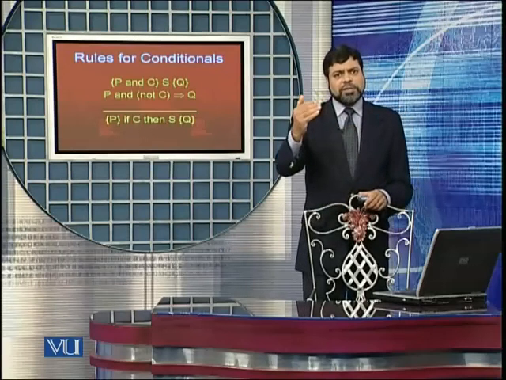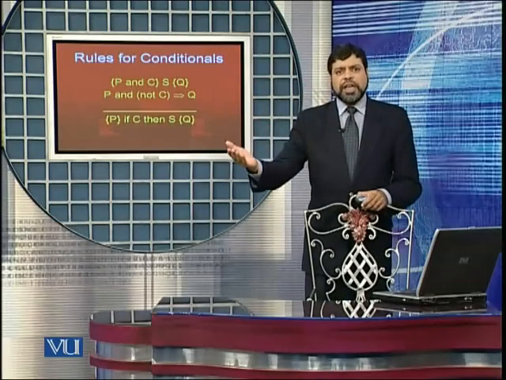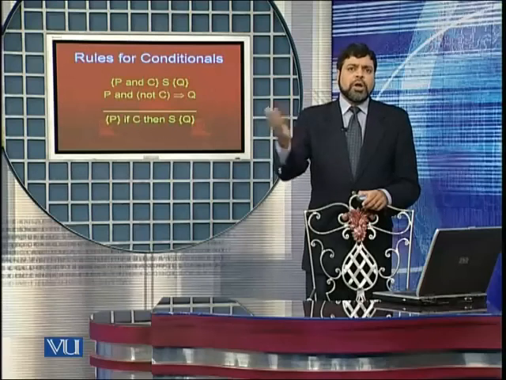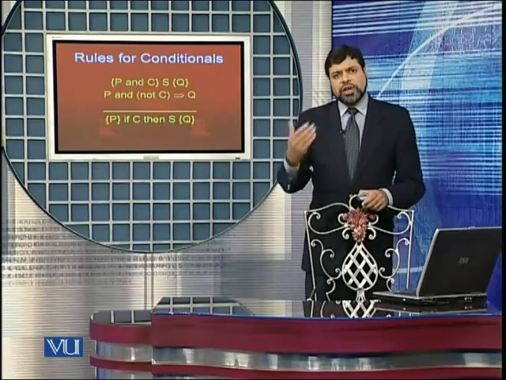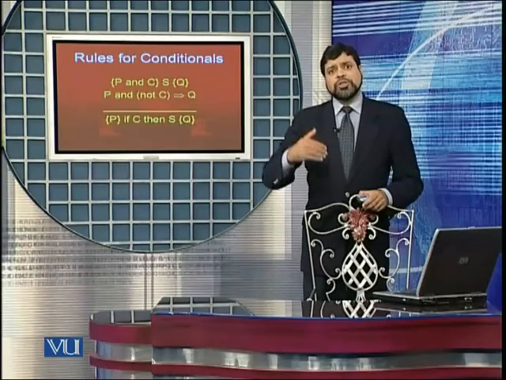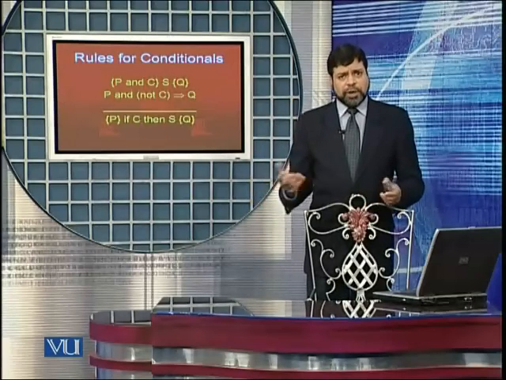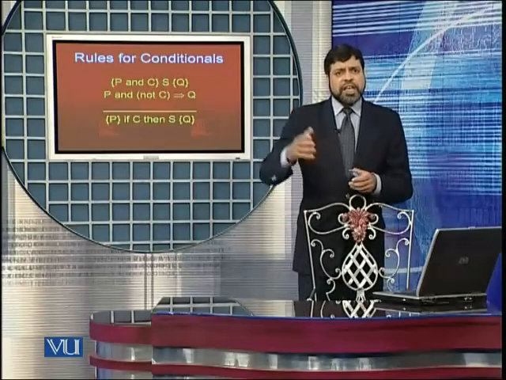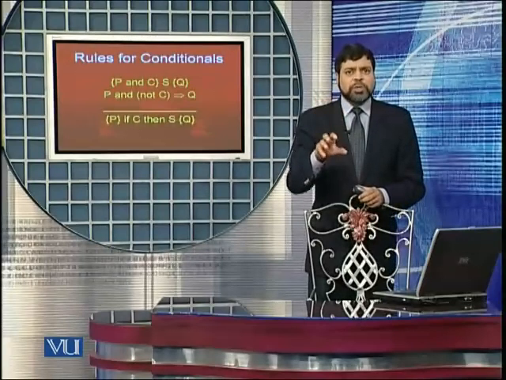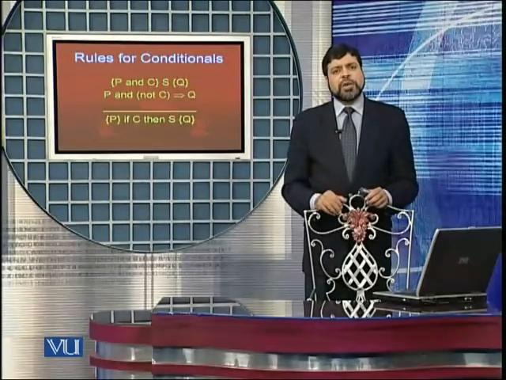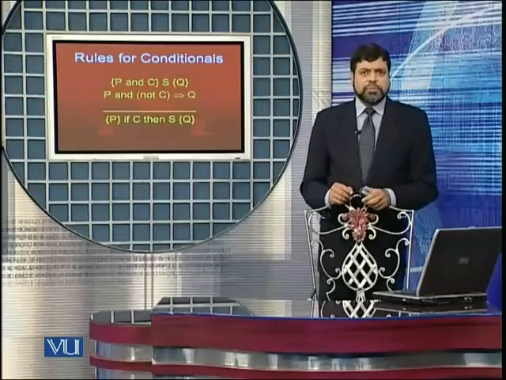So you take one branch if the condition is true and you execute one set of statements and you end up with condition Q, or you take the other branch when the condition is false and in that particular case you execute another set of statements and you again end up with the same condition Q because that is the objective of the program. چاہے آپ ادھر سے جائیں چاہے آپ ادھر سے جائیں آپ کو اینڈ آبجیکٹو سیم ملنا چاہیے. اگر آپ کو اینڈ آبجیکٹو نہیں ملتا اس کا مطلب یہ ہے کہ there is some logical error in your program. تو آئیے ذرا ایک نظر اس پہ بھی ڈال لیتے ہیں.